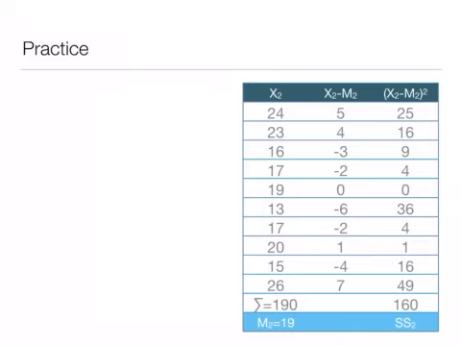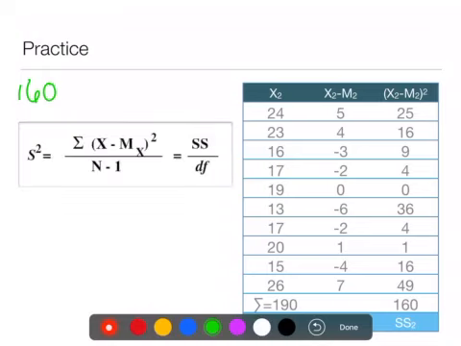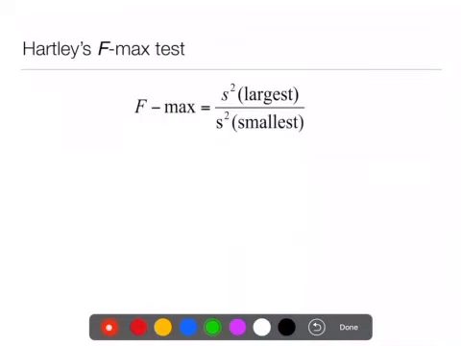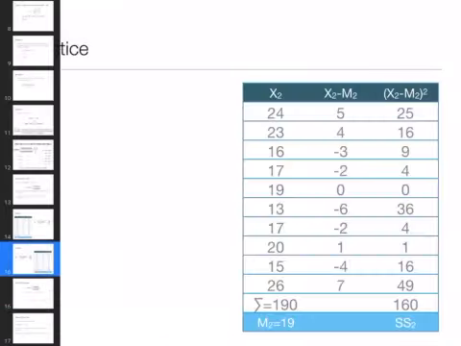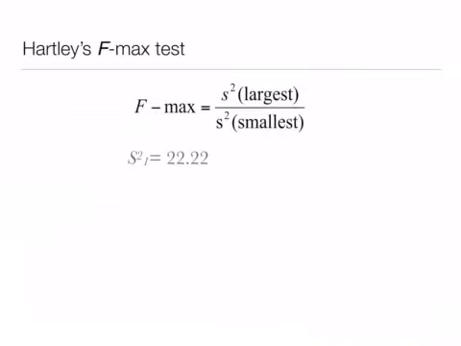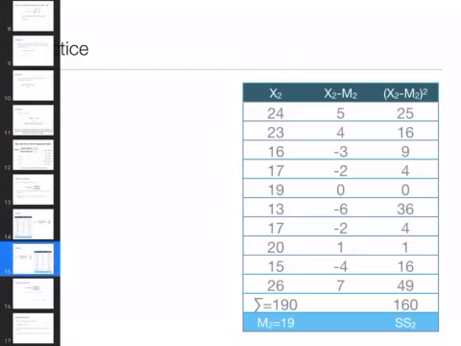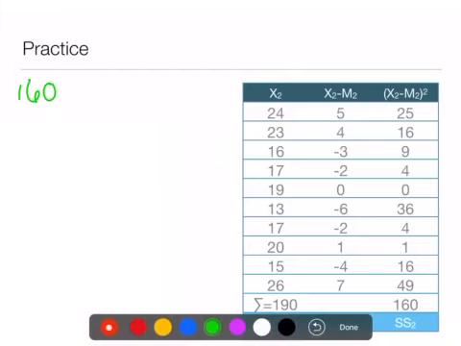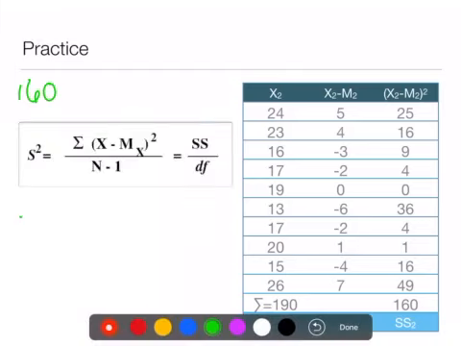We have sums of squares of 160 for this group, divided by degrees of freedom 9. Again, we know that it's 9 because we have 10 people in each group. 160 divided by 9 is equal to 17.78.